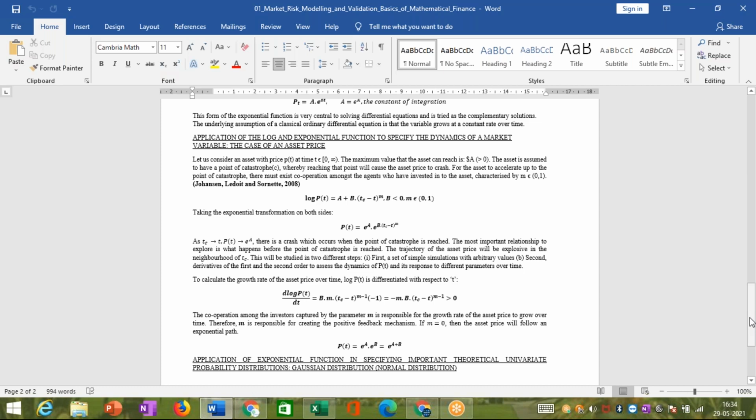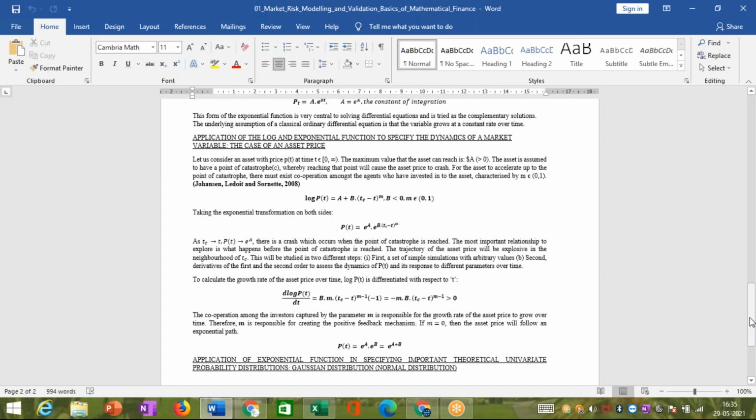However, under some special cases, this function can also be used with appropriate mathematical transformations to express the explosiveness of the variable as well. So there are a lot of different areas where this function can be used.